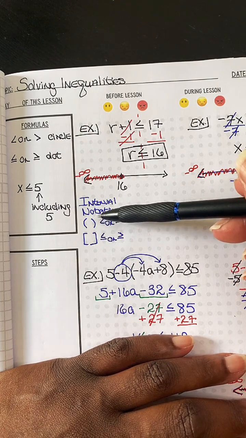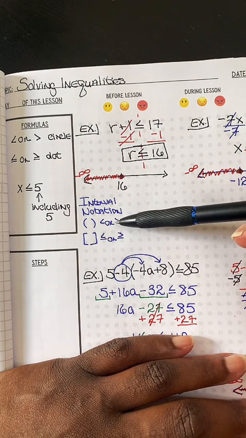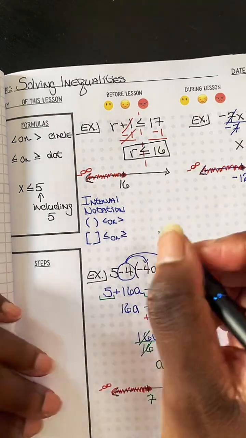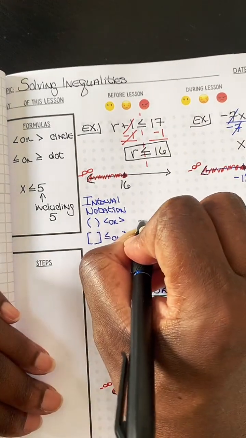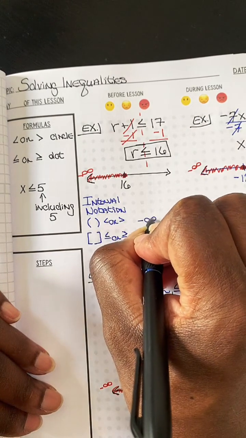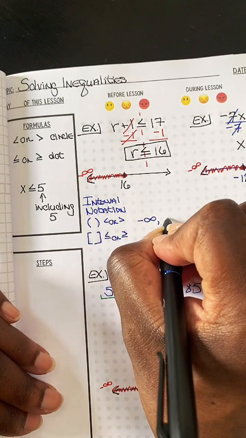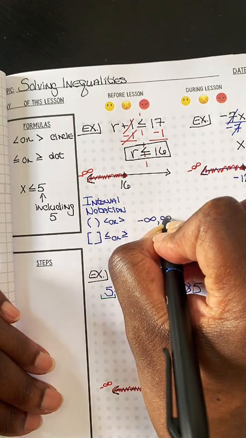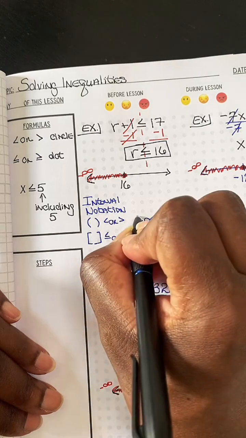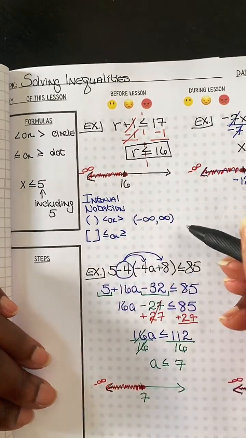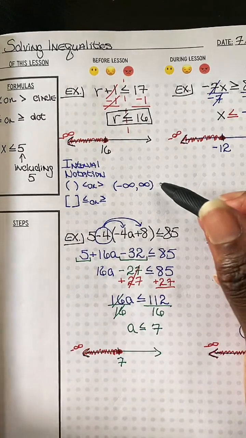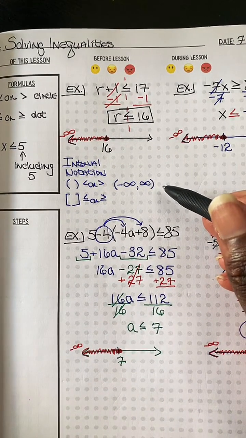The one thing you need to know is that infinity, negative or positive, always gets parentheses. Parentheses mean unbounded, because infinity doesn't have an end. It just keeps going on and on.